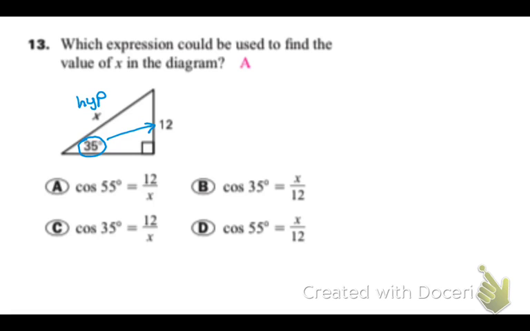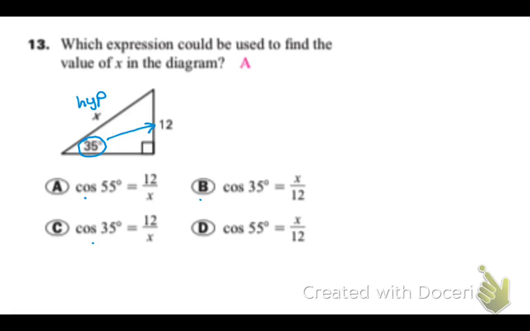So what you'd like to say is the sine of 35 is equal to 12 over x. And you'd solve for x and everything would be fine. But, alas, you look at all the answers and they're not giving you sine. They want cosine. Ugh. So what to do? So this is not going to work.